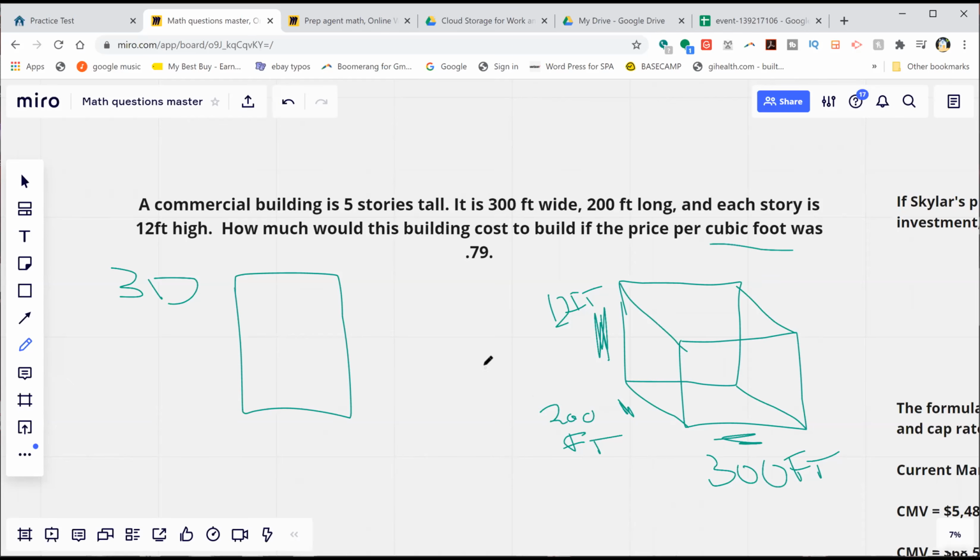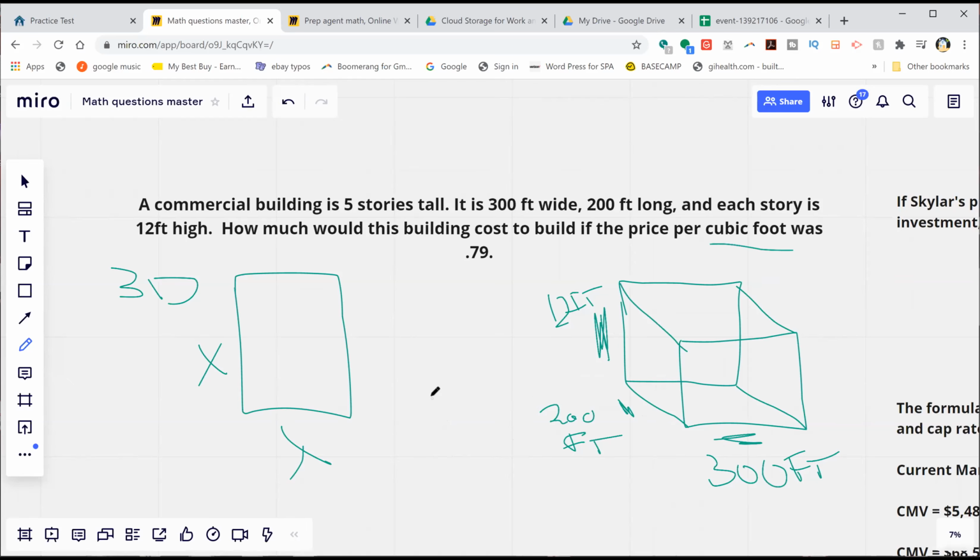When we have a two-dimensional object, we're going to multiply the two sides. When we have a three-dimensional object, we want to multiply the sides and then the 12 feet. We multiply everything. So multiply all this stuff together.